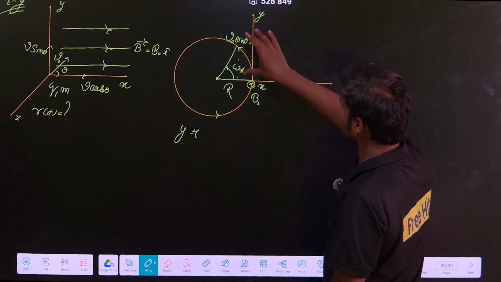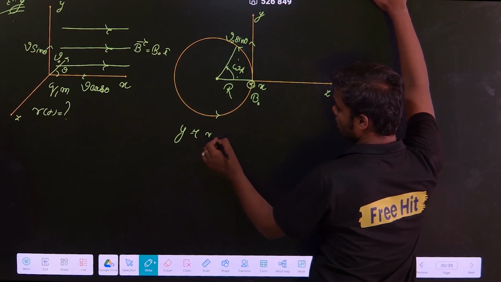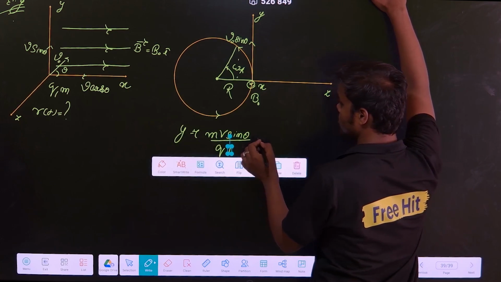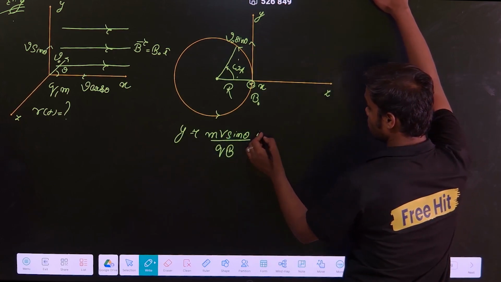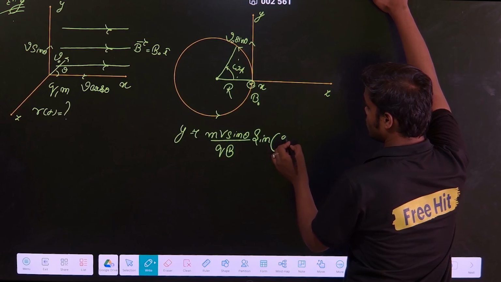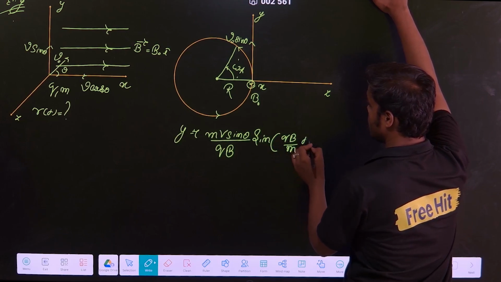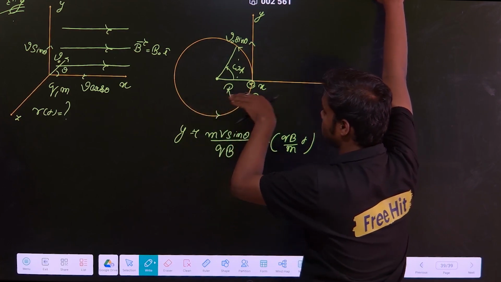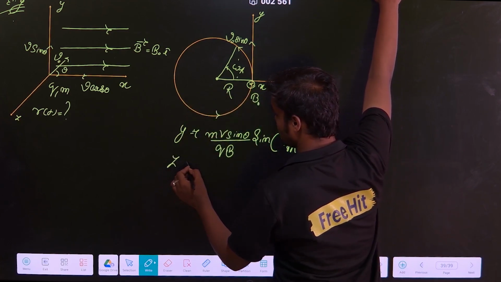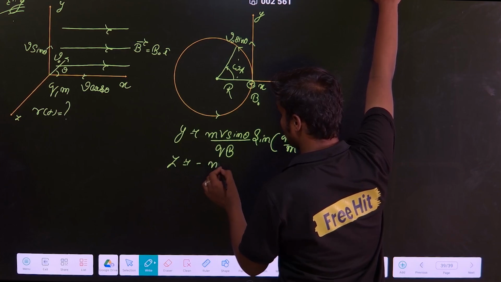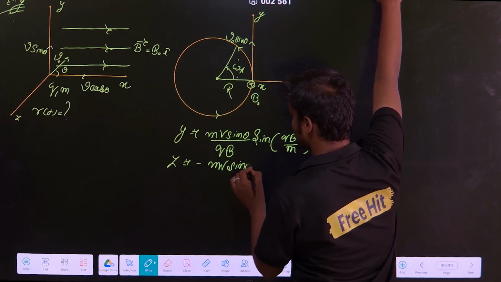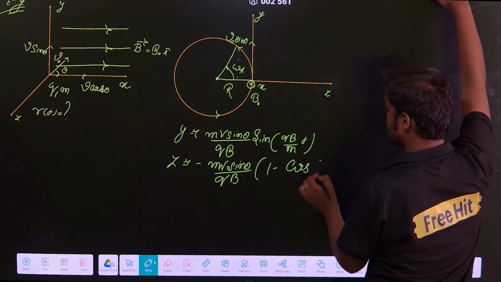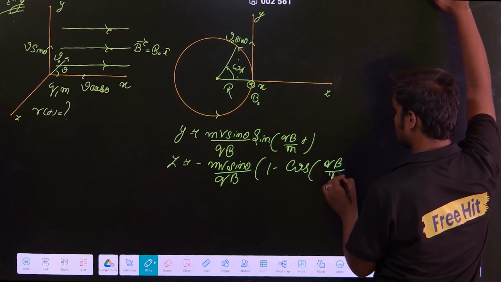At time t, in the y direction it will be m v sin theta divided by qB into sin of (qB by m) into t, correct? Similarly, this is z, minus z. Remember it is minus z. So in the z direction we have minus m v sin theta divided by qB into (1 minus cos of (qB by m) into t).